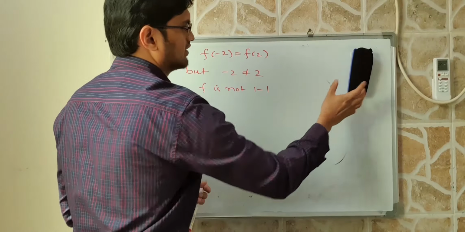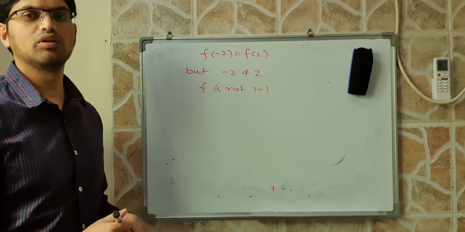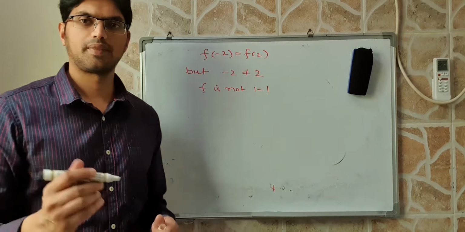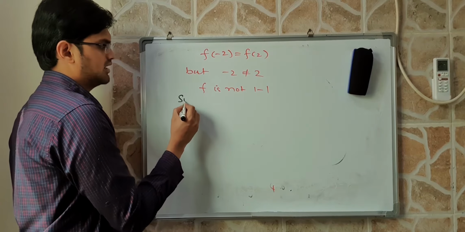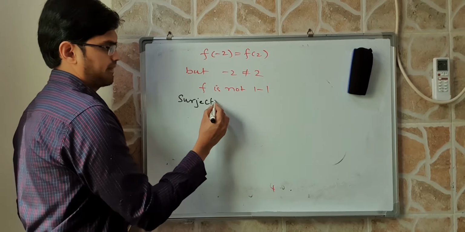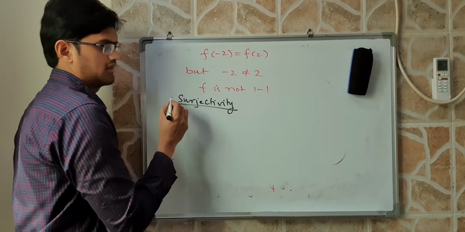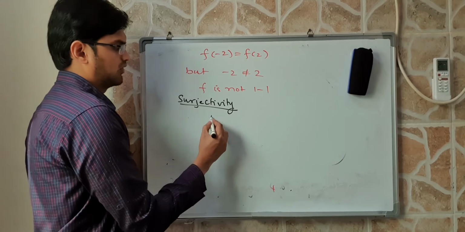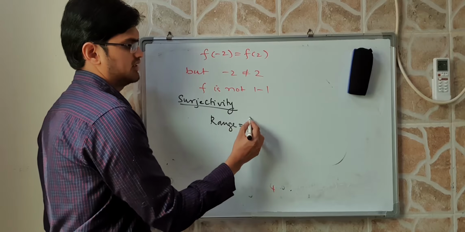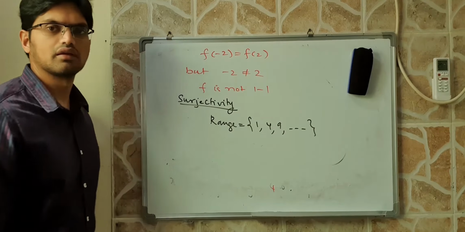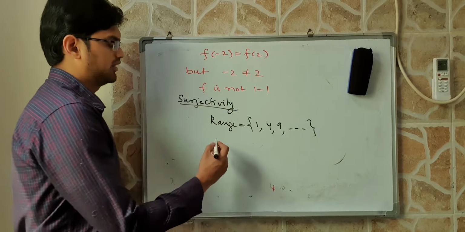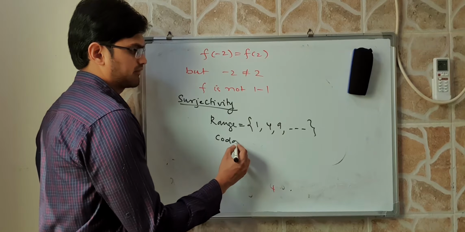Now what about onto? For onto, let us go for the range method. For checking surjectivity, I know what the range is. The range is 1, 4, 9 only, in this one also. Then what is the codomain here?